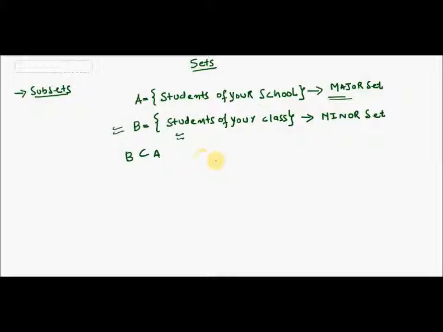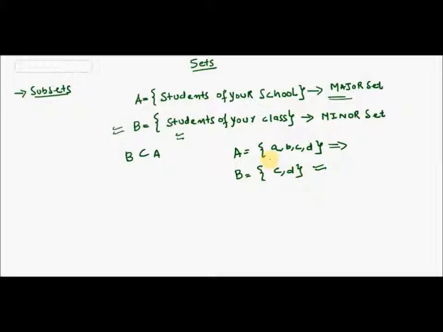Let me give another example. Let me say we have a set A and it contains the elements A, B, C, D, and we have a set B which contains elements C and D. Now see here, this contains more elements than this, right?